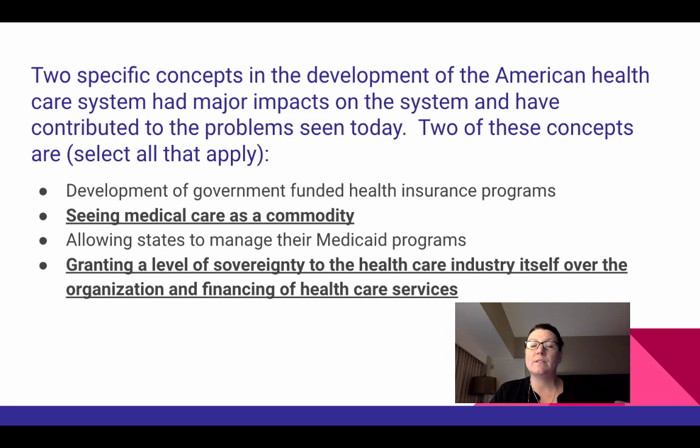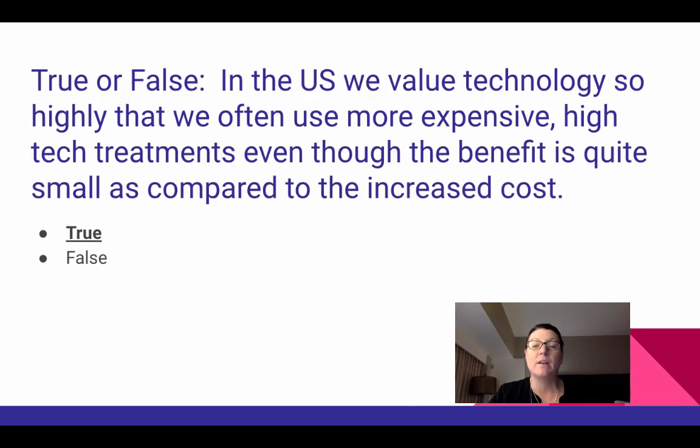So this is another level in that the healthcare industry is who has developed the mechanism for financing here, private insurance companies, etc., as opposed to something that's managed at the government level. So those two concepts had major impacts on the system overall and contributed to the problems that we see.